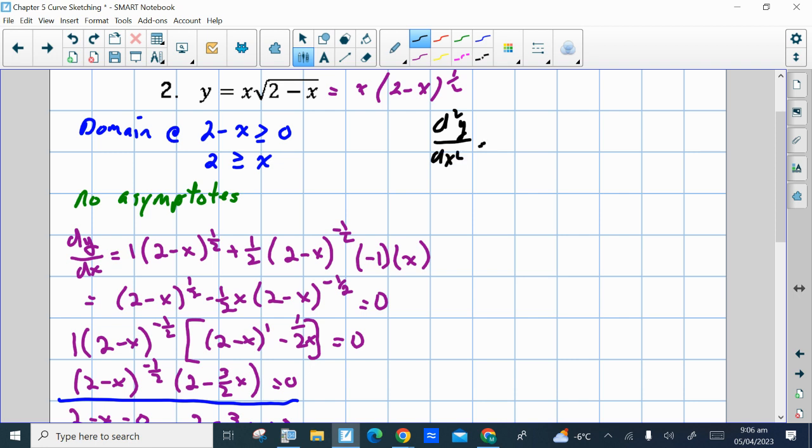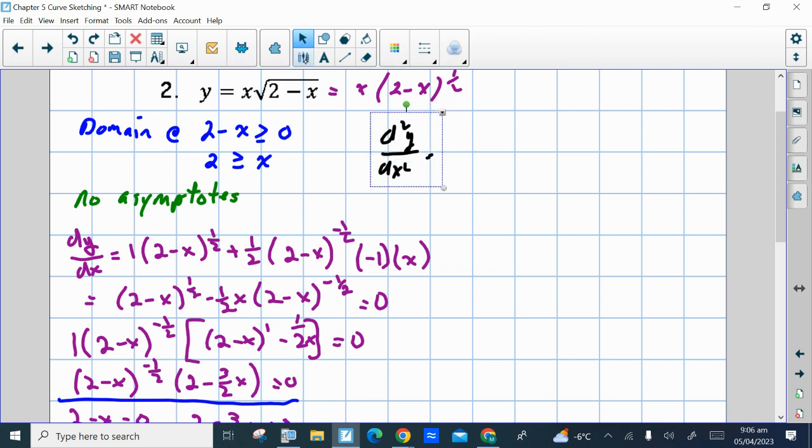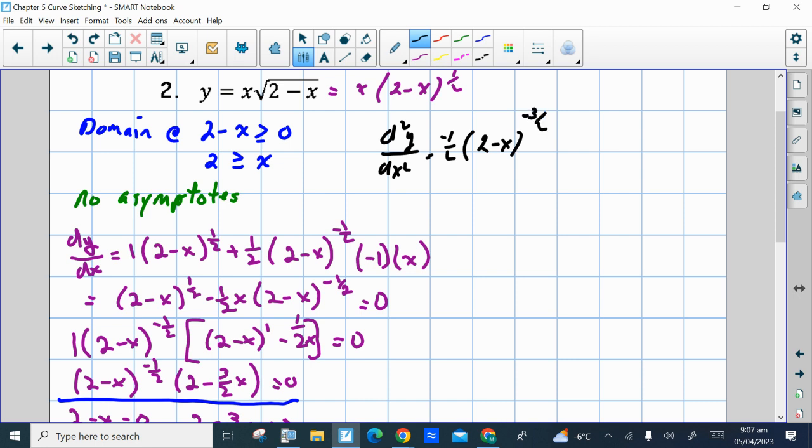So the derivative of the first factor using the chain rule will be negative 1/2 bracket 2 minus x to the negative 3/2. So that's the first part of the chain rule.